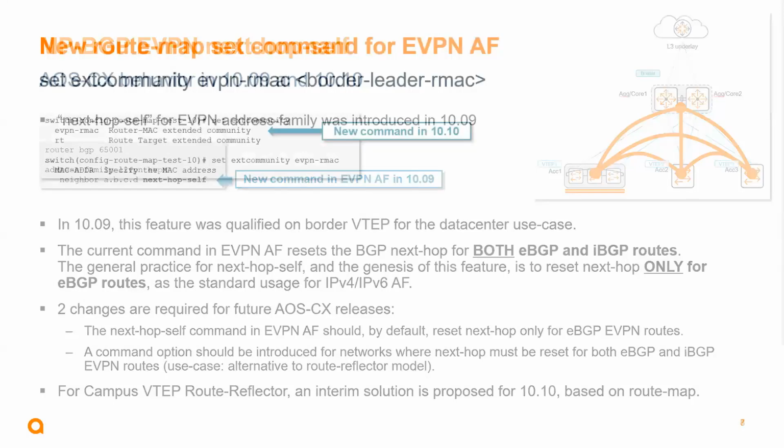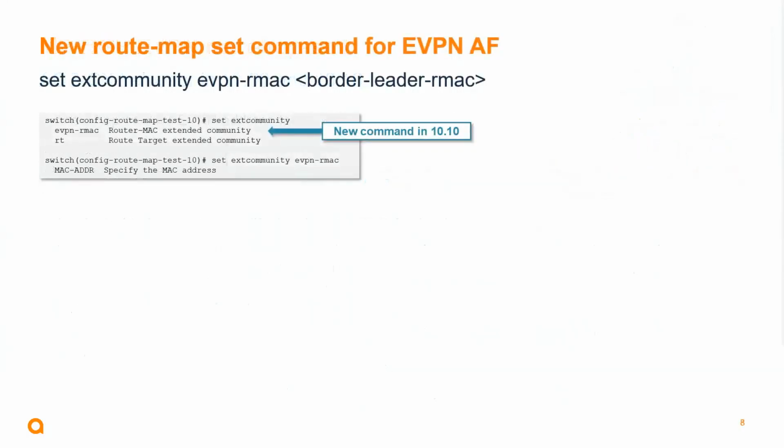So the EVPN router MAC has to be set consequently in the route map. For that, there is a new command in 10.10: in the route map, you can now set the extended community for EVPN router MAC.